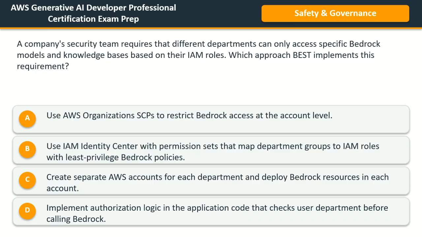It allows you to map corporate identity groups, like departments, to permission sets. Those permission sets attach least privilege IAM policies that specify which Bedrock models can be invoked, which knowledge bases can be accessed. And those permissions are enforced by AWS itself, regardless of how the user accesses the service. This is why B is the correct answer.